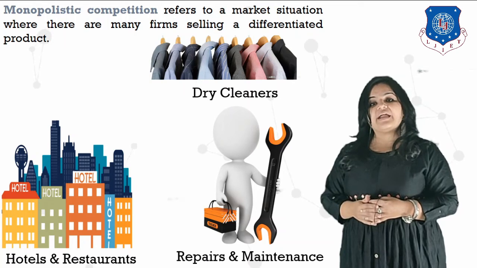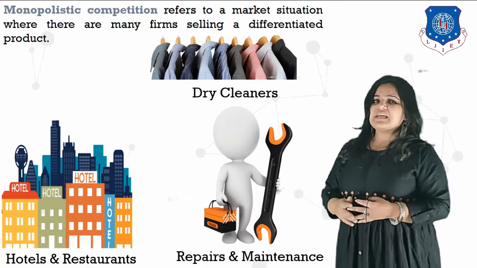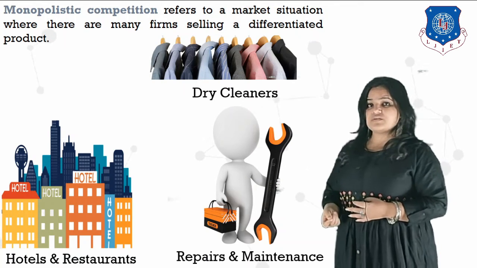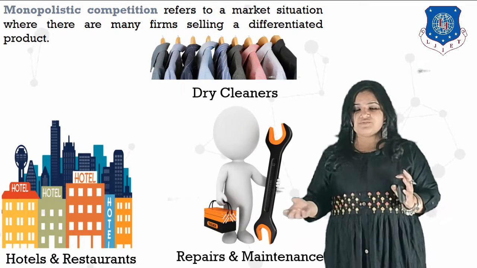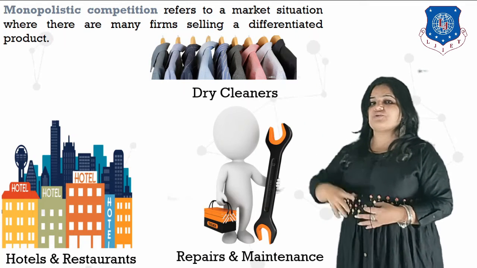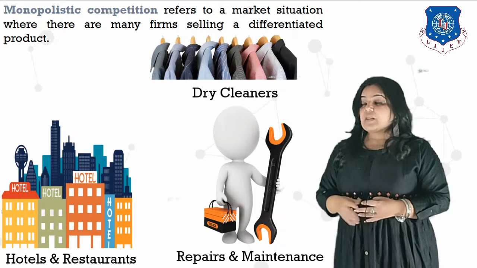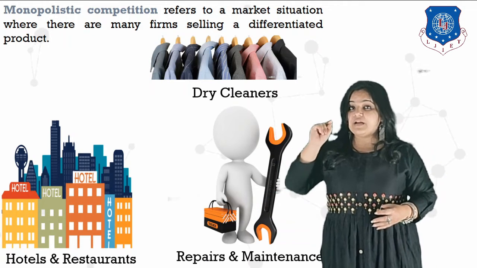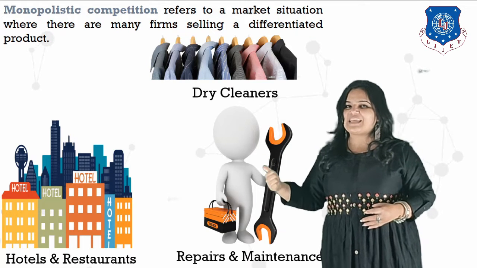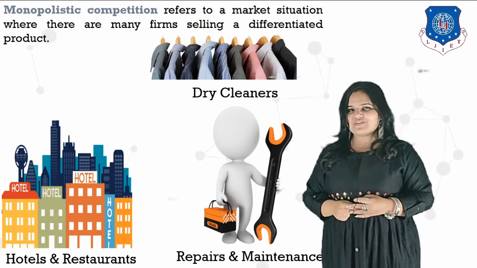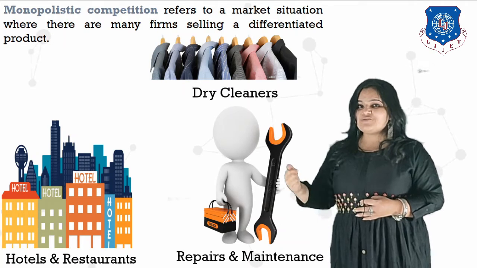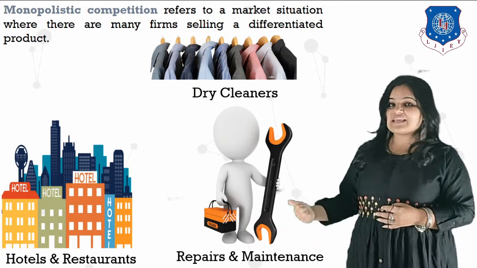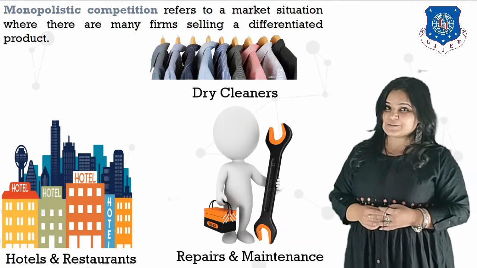How will you identify? You cannot just make a list of hotel and restaurant owners. There are many, starting from a small dhaba to a 5-star restaurant. So, all these would be in monopolistic competition. The difference is each mechanic is giving you something different. Each mechanic has a different skill and he is taking the money for his skills.